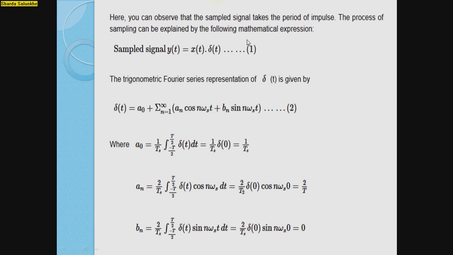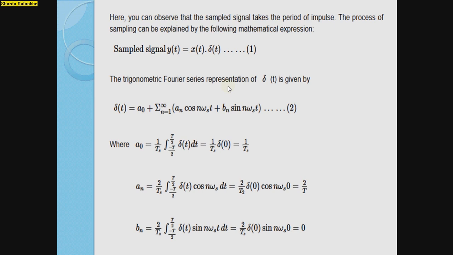Here you can observe that the sampled signal takes the period of the impulse. The process of sampling can be explained by a mathematical equation. The sampled signal y of t is equal to x of t multiplied by delta of t. You already saw the trigonometric Fourier series in my last presentation.